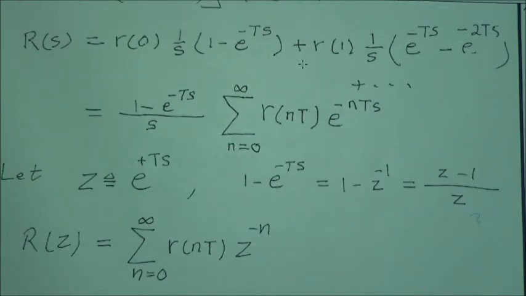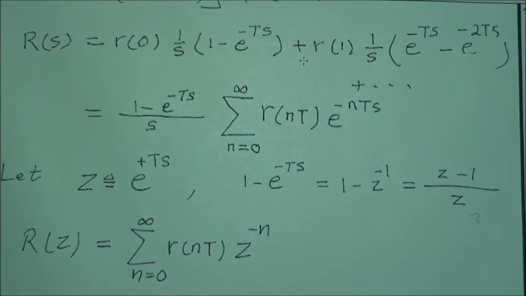So now this is when the concept of Z came into being. Because that e to the minus Ts transformation came into discussion in the early 1930s by Hurewicz, and later on in the 1950s, Lotfi Zadeh and John Ragazzini at Columbia publicized it and renamed it as Z-transform.